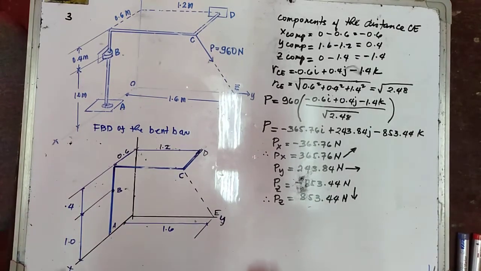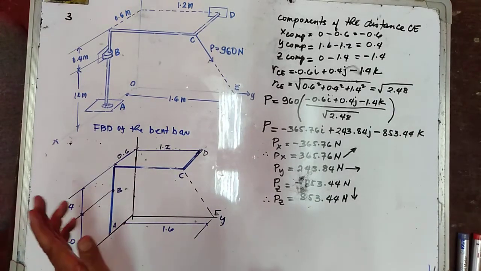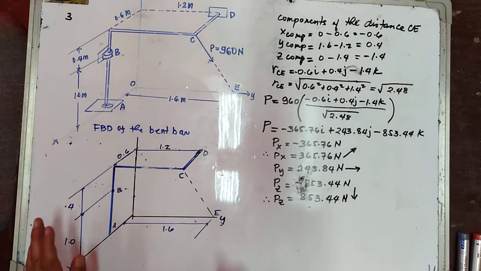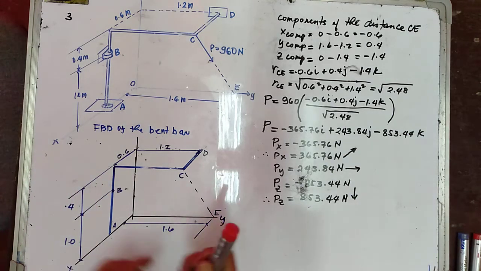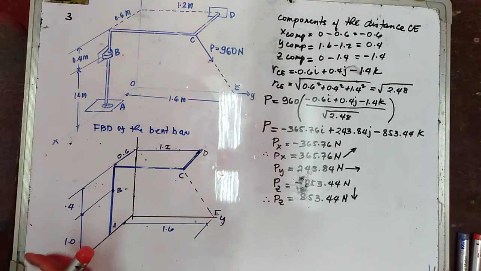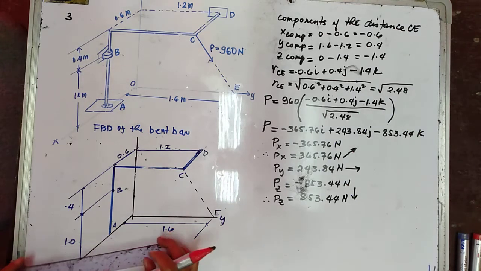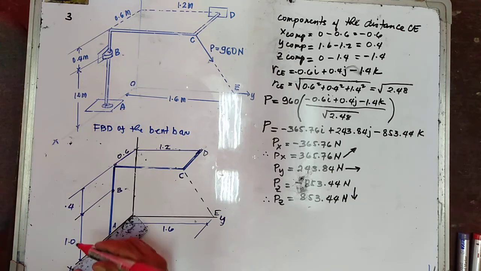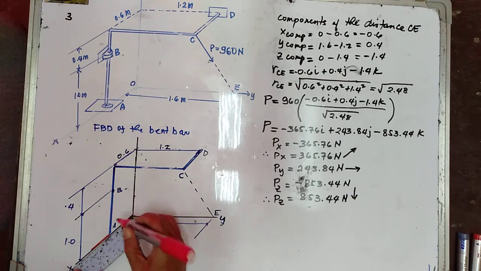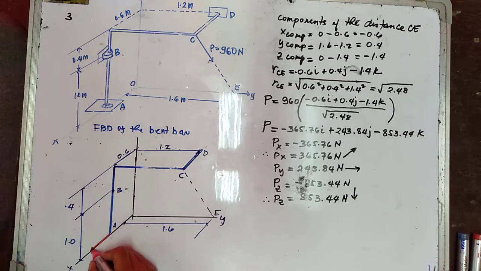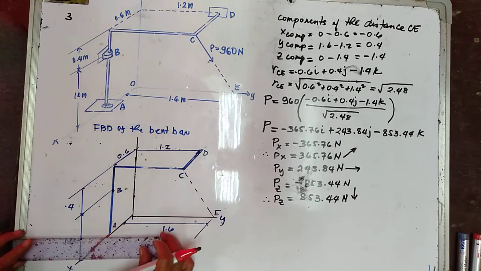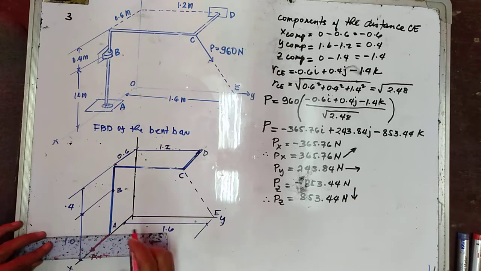Let's draw now the free body diagram of the bent bar. So, support at A is a ball and socket support. So we now have Ax, the component of the reaction at A. So we have your Ax, and then we have your Ay.